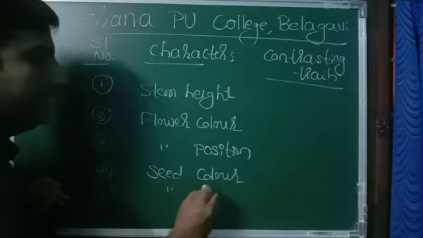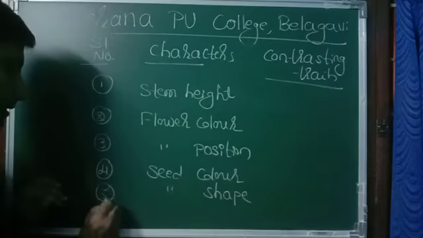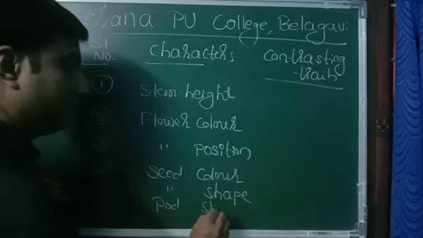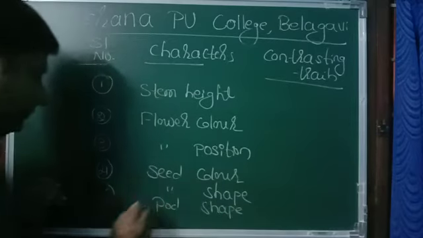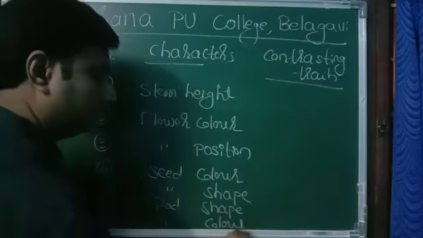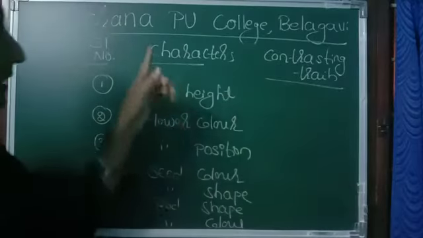Fifth one, seed shape. Sixth, pod shape. And seventh one, pod color. So these are the 7 characters he considered.